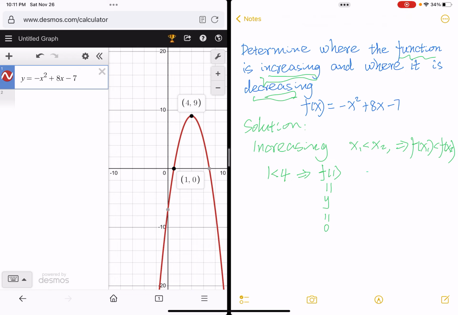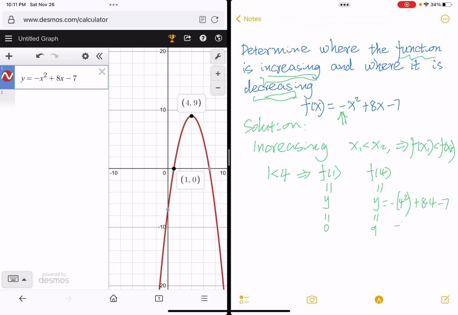And then when x equals 4, you have a y value of what? It is 9. The reason: you plug in here, you have a negative 4 squared. Remember, the negative is outside of the squared. And then plus 8 times 4, and then minus 7.